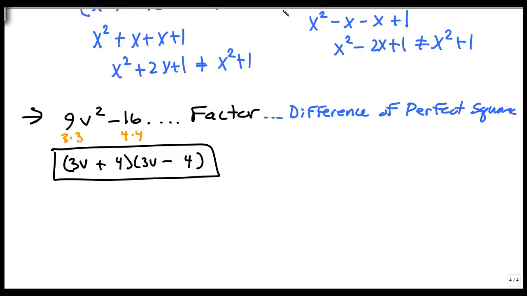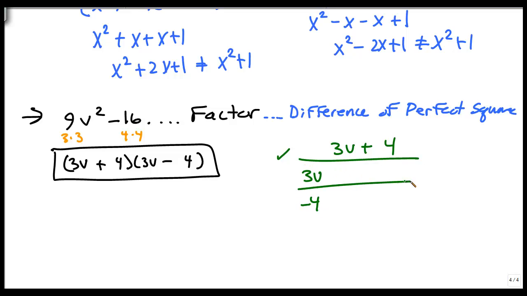Now we should check our work. So I'm going to have 3v plus 4, 3v minus 4, and again, if you'd rather use the FOIL method, that's fine. So here I have 3v times 3v is 9v squared, 3v times 4 is 12v, negative 4 times 3v is a negative 12v, and negative 4 times 4 is a negative 16.